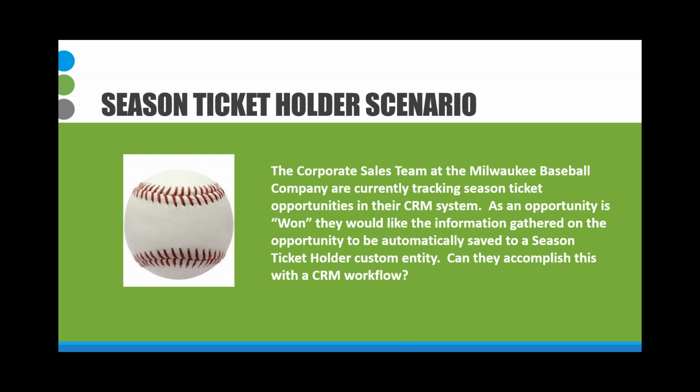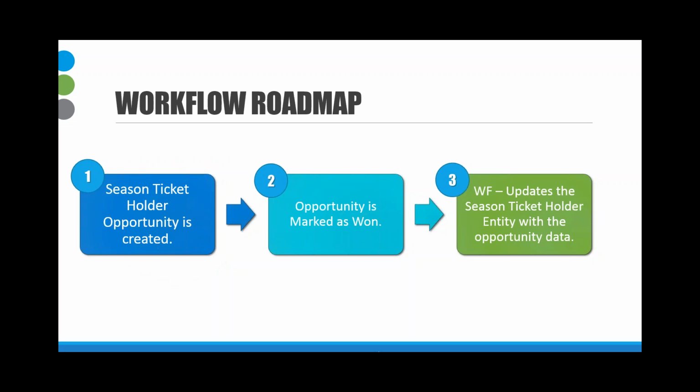Yeah, you can, and this is something that I know a lot of customers really find useful, because instead of having to manually input data in two different records when you've already manually input that, this can help you automate that process. So in our case, we're using season ticket holder as a separate entity where we're just copying data from the opportunity over.